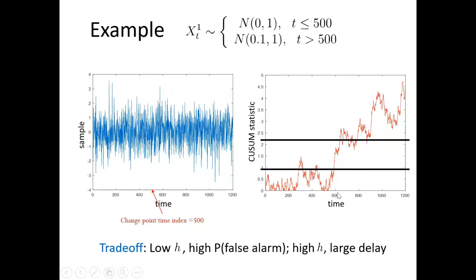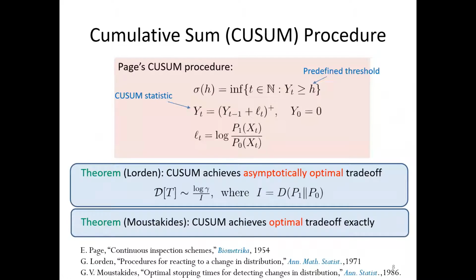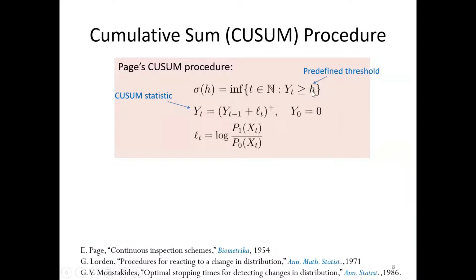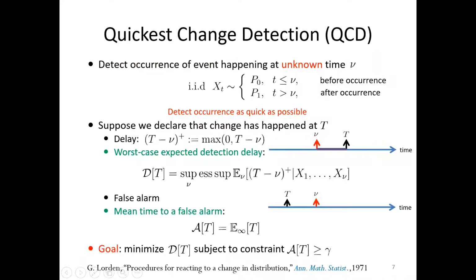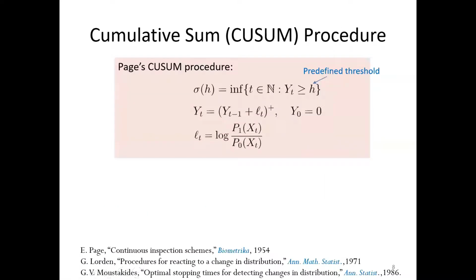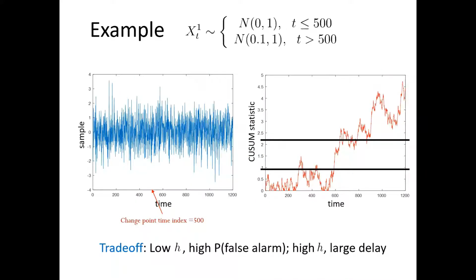So there's a trade-off. But in these results, they show that if we set the threshold h such that the constraint on the mean time to a false alarm is met with equality, then the trade-off is optimal. So this is the first part of this talk.